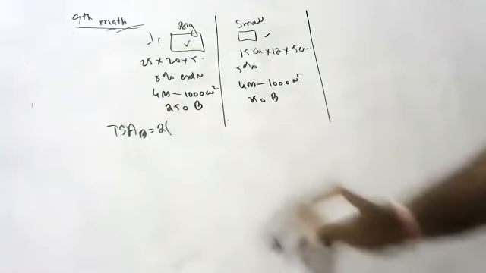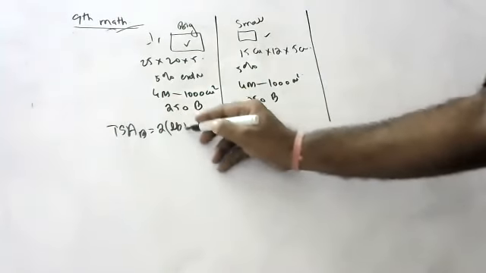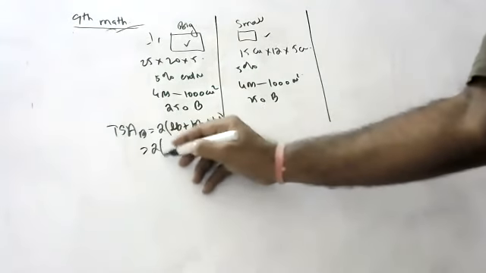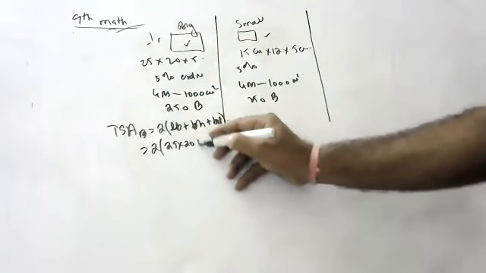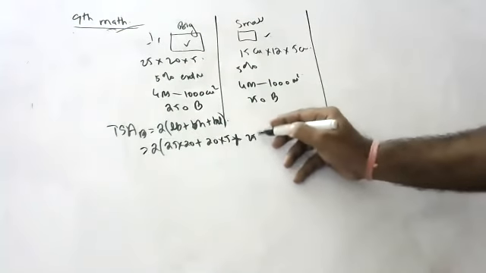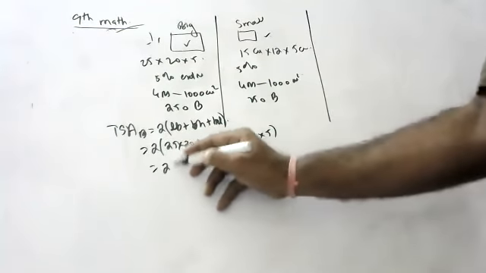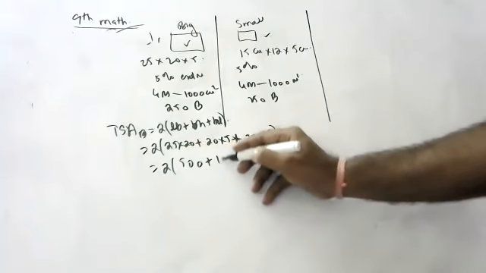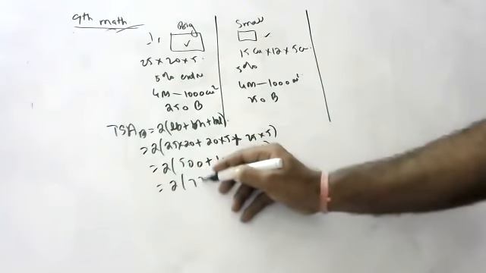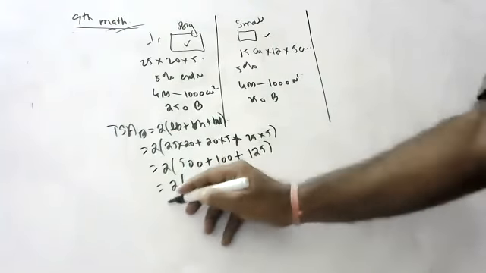What is the formula? 2 into (LB plus BH plus HL). So 2 into (25 into 20 plus 20 into 5 plus 25 into 5). Please try to understand, children. 2 into (500 plus 100 plus 125). So 2 into 725. That is 1450 centimeters square needed.